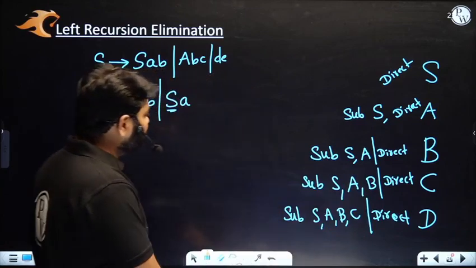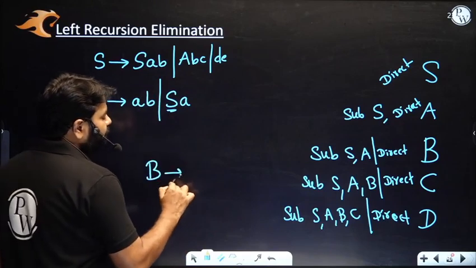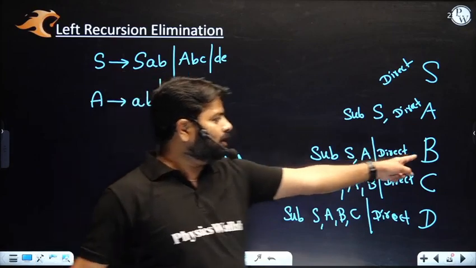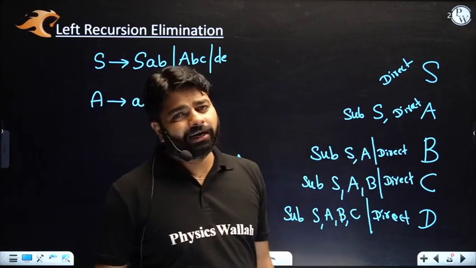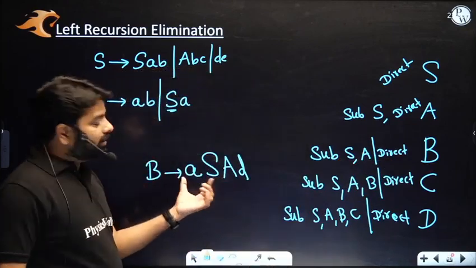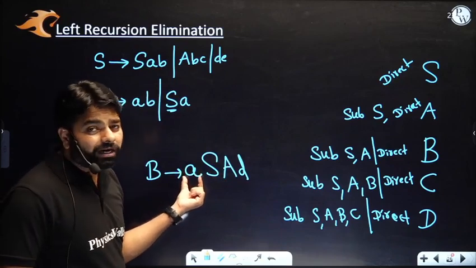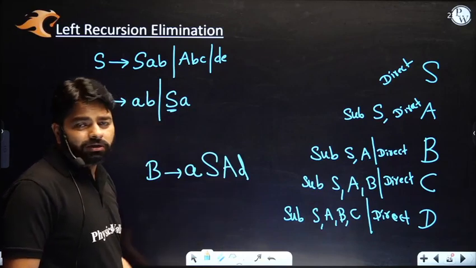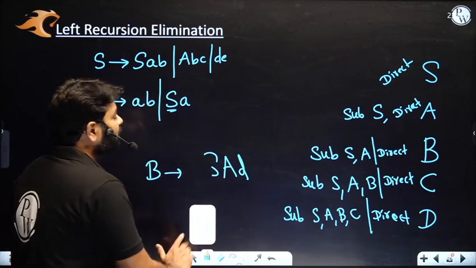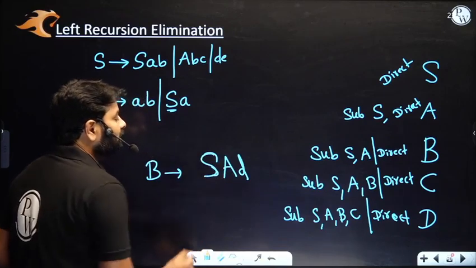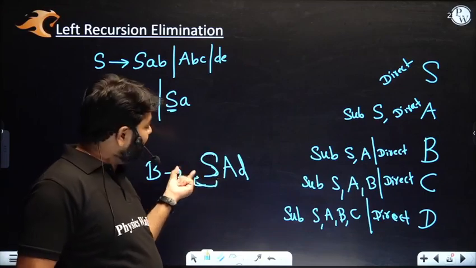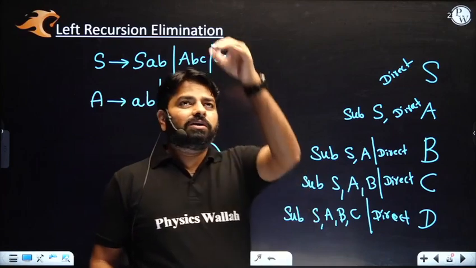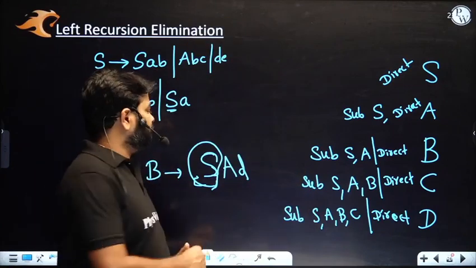In case you see something like B arrow A, S, A, D, I told you to substitute S and A, but don't substitute here, because small a never gives you left recursion. When you already know there is no left recursion here, don't substitute. Substitute only when you have S directly here. Then there is a possibility of getting a capital B here, right? So only at the first position you will try to substitute.